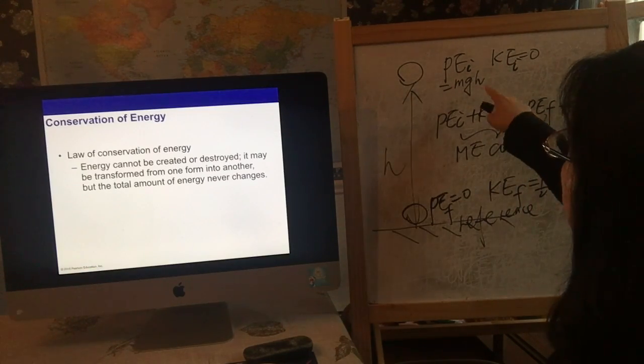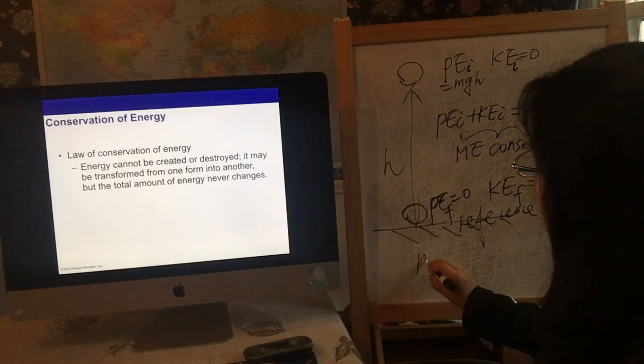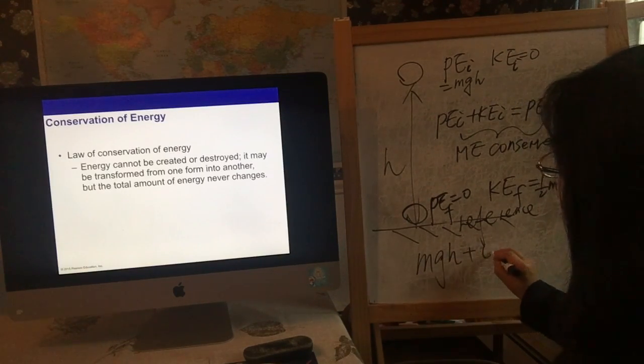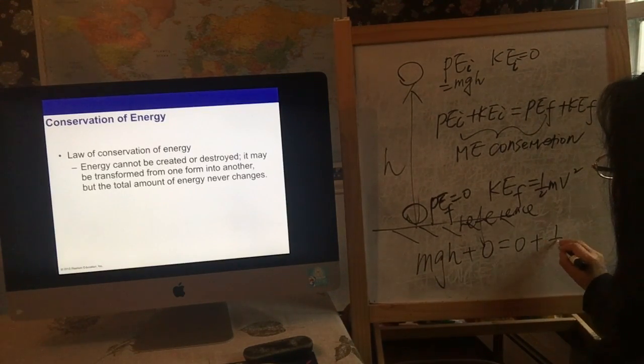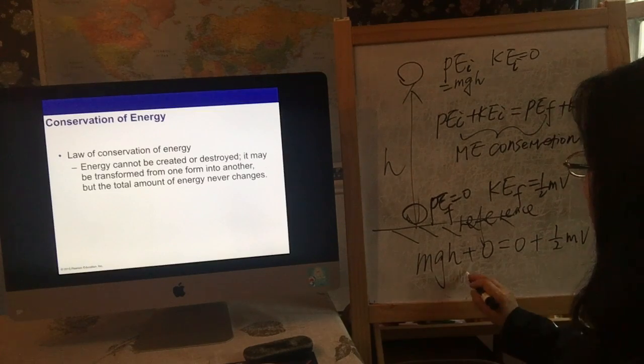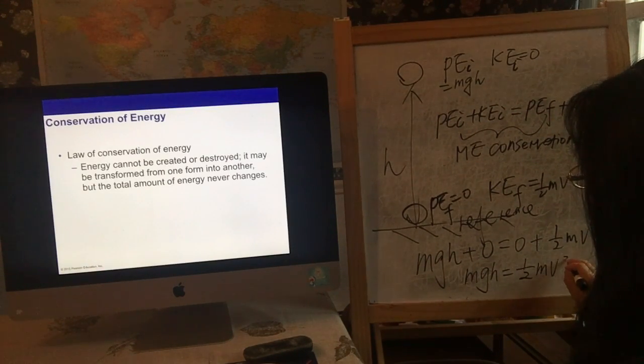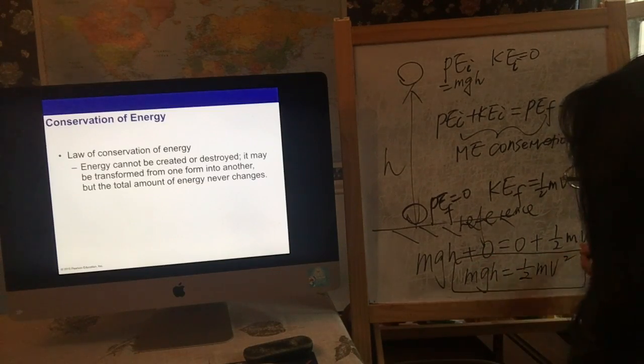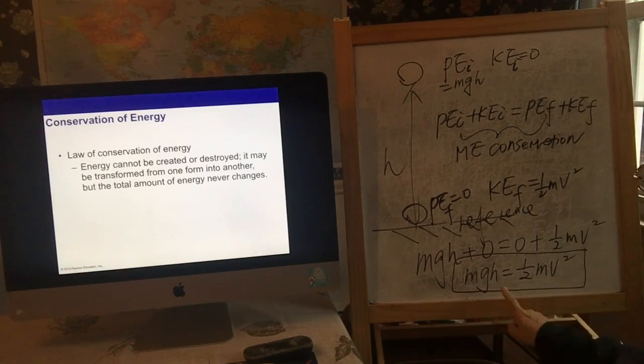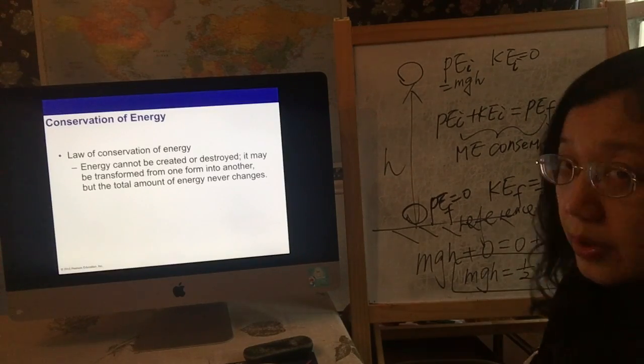Okay, so if I plug the numbers in here, mgh plus 0 equals 0 plus 1/2 mv squared. So we have mgh equals 1/2 mv squared. This equation tells you that the total potential energy is converted all to kinetic energy.